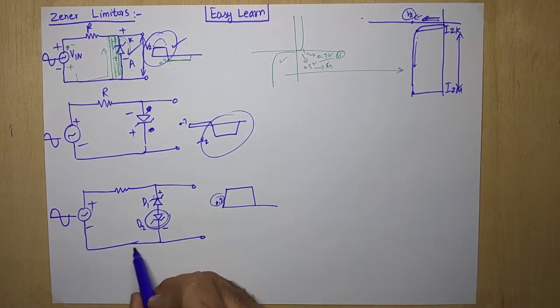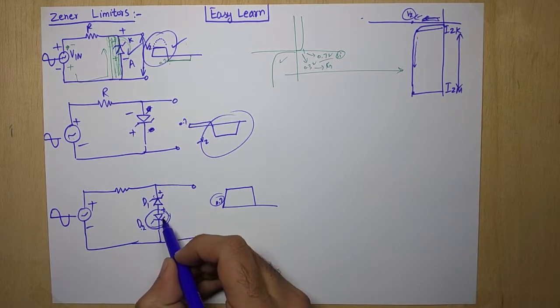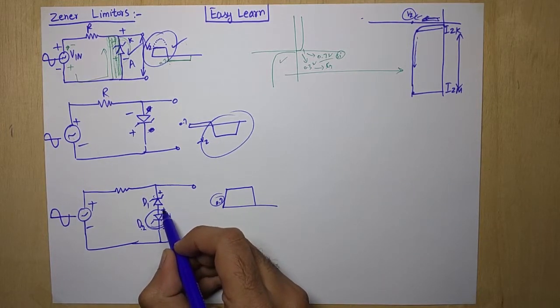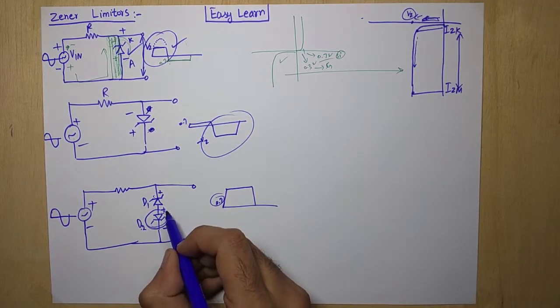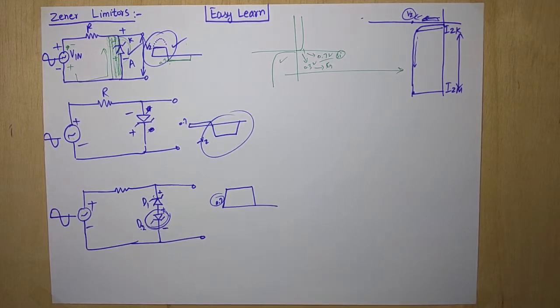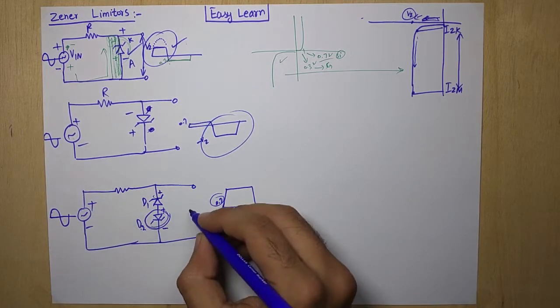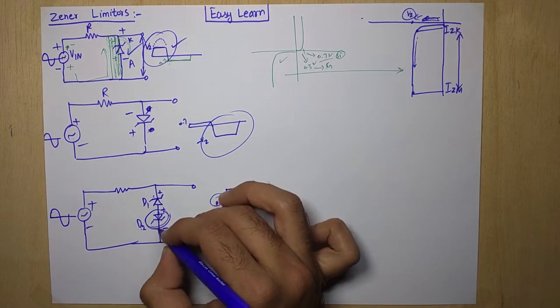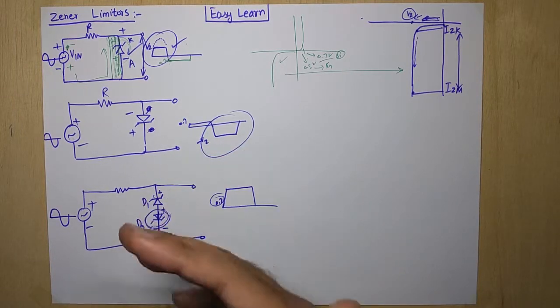For example, this negative is here and the positive from the upper side reaches this side. When this anode is connected to positive and the cathode is connected to negative, this is the forward bias state. In forward bias state, the first 0.7 volt is needed. When the input is increased beyond 0.7 volt, this behaves like a short circuit, and after this D1 will start operation.